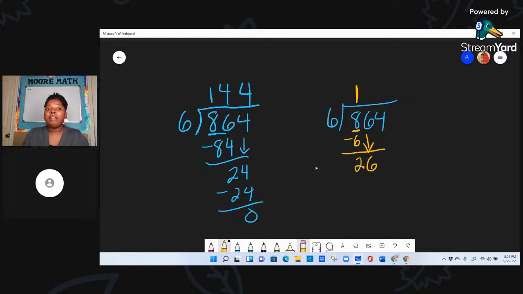So that way you don't have to come up with such a big number like 14 and keep trying 12 times 6. Because it took a while to find that number that was close to 86. You can absolutely do that, but to save you time, it may help you to see that 6 could go into 8. Now, if it was a 2, no, 2 is too small, right? But 6 can go into 8 one time. Then you're just looking at 6 into 26, which is smaller. It's a lot easier.